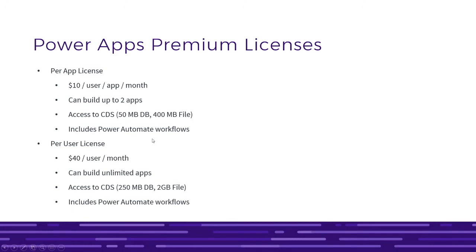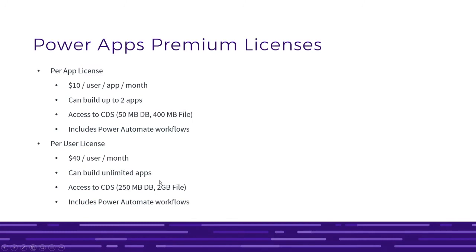This is where it gets a little tricky. There's multiple options when you talk about obtaining a premium license. For anyone that is trying to develop new applications which span all these external integrations, the license to typically obtain is what is considered a per user license, which is $40 per user a month. And they can basically build unlimited apps with that.